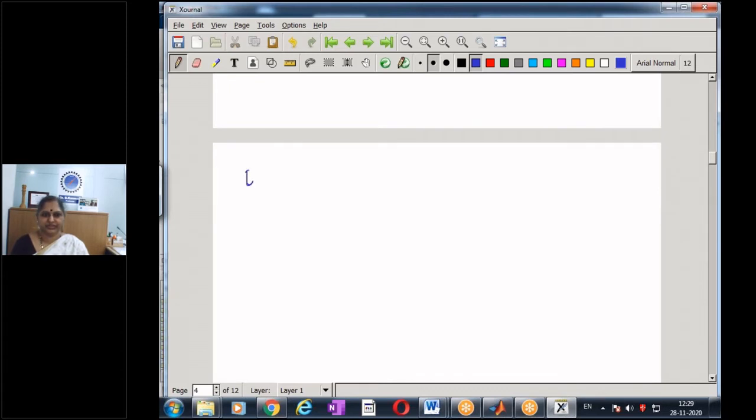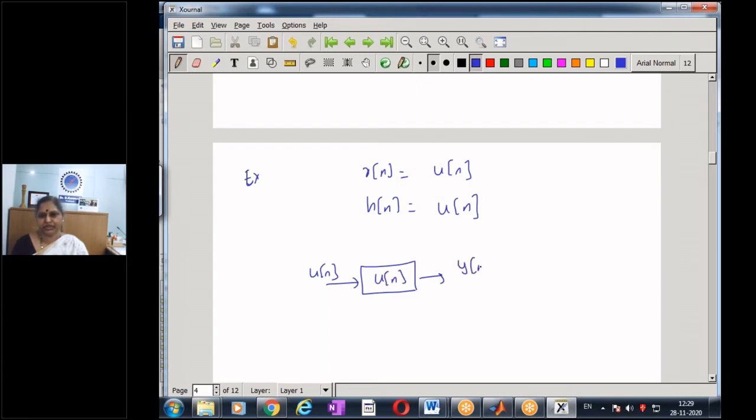As a first example, let x of n be the unit step function u of n, and let the impulse response h of n also be the unit step function u of n. So the input to the system is a unit step function, the impulse response is also a unit step function, and my aim is to compute the output y of n.